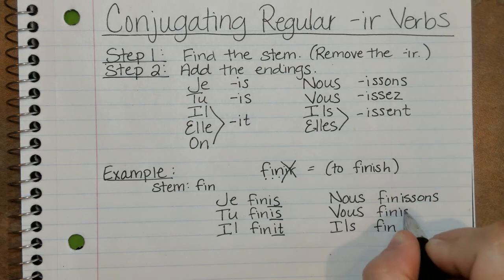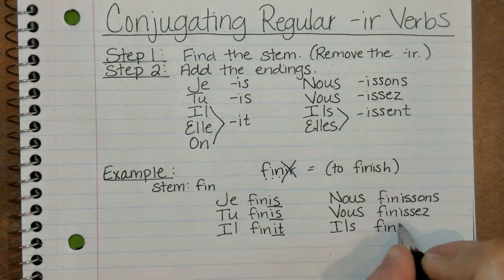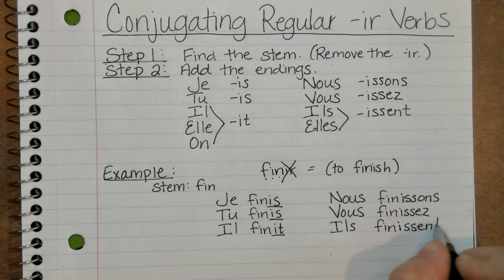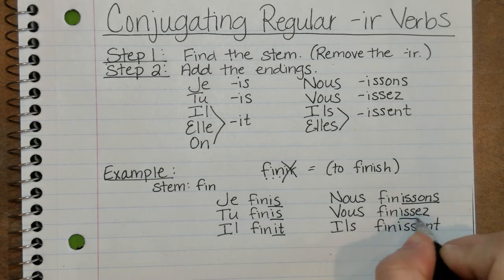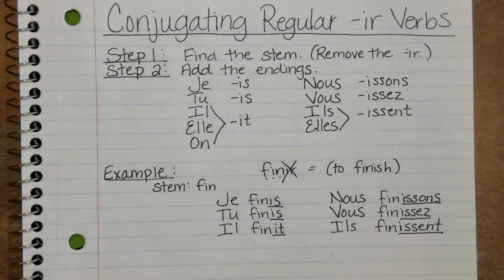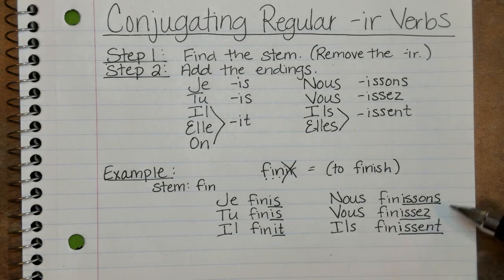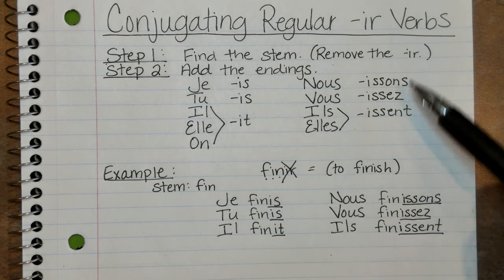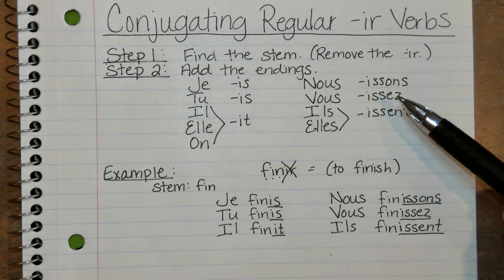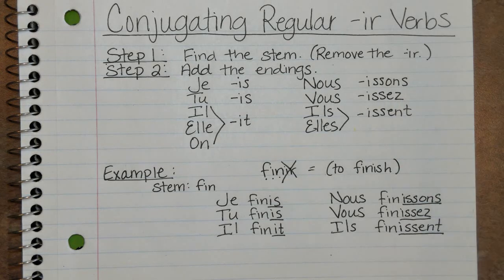And you might think at first when you write these that there's something wrong because they look so long and kind of funny, but that's right. So if you're following these 2 steps and you're copying down these endings, you're doing it right. So try not to second guess yourself.